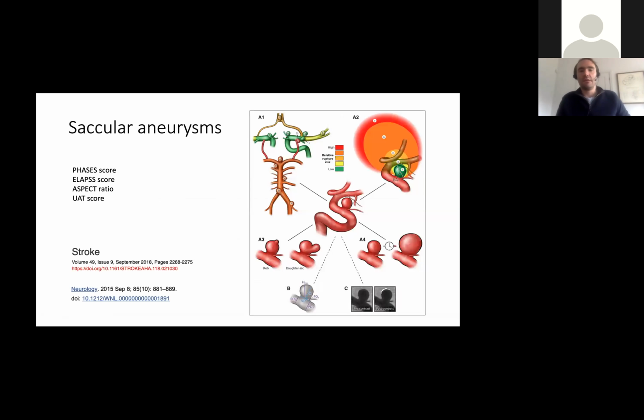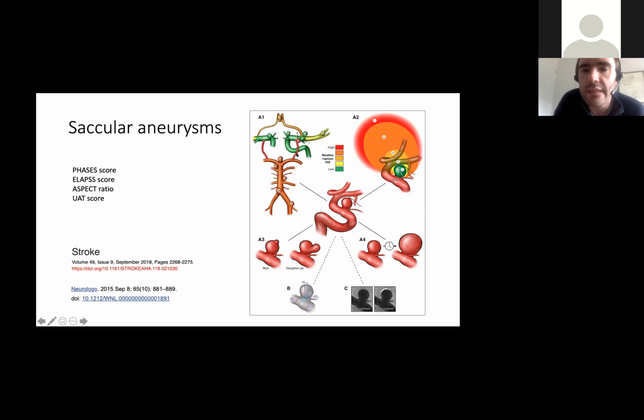Okay, so I can't actually see all my diagrams on here because my face is in the way, but I'll just talk through it. This again is from stroke, and this is a nice indicator essentially of all those points that I've just spoken about. So you can see here that this is a color-coded map of riskiness of aneurysms. High risk is the PCOM.